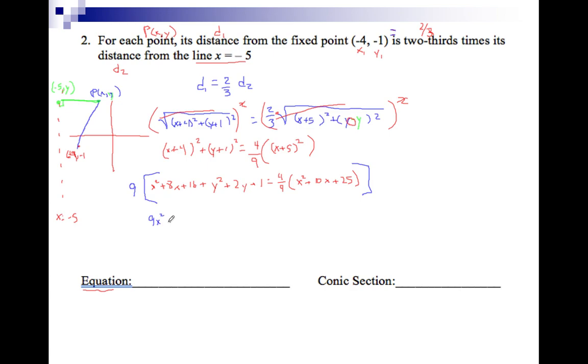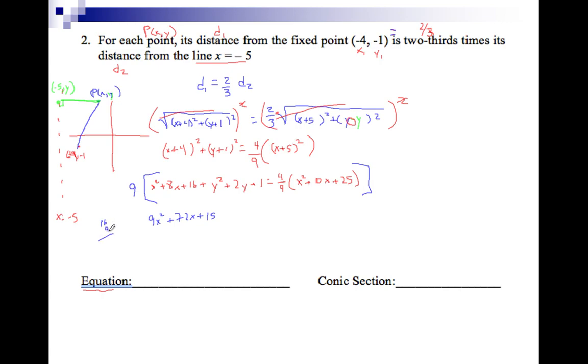9x squared plus 72x plus 16 times 9. No, 153, right? 9 times 6. No, 154, right? 16 times 9.